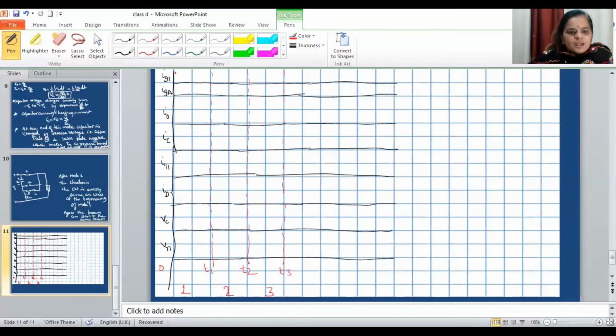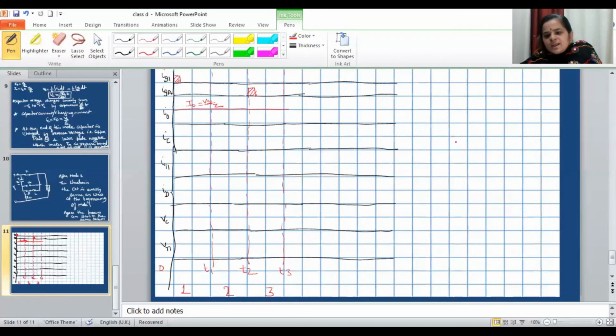Now IG1, as you know, we have given the triggering pulse at t equal to 0 itself. So this is the waveform for IG1. Now you know that at the beginning of mode 3 we have given the triggering pulse to TA. We have assumed that the load current is constant as well as continuous, so the load current will be parallel to the x-axis and equal to I0, which is equal to Vs by Z. Now let me draw IC.